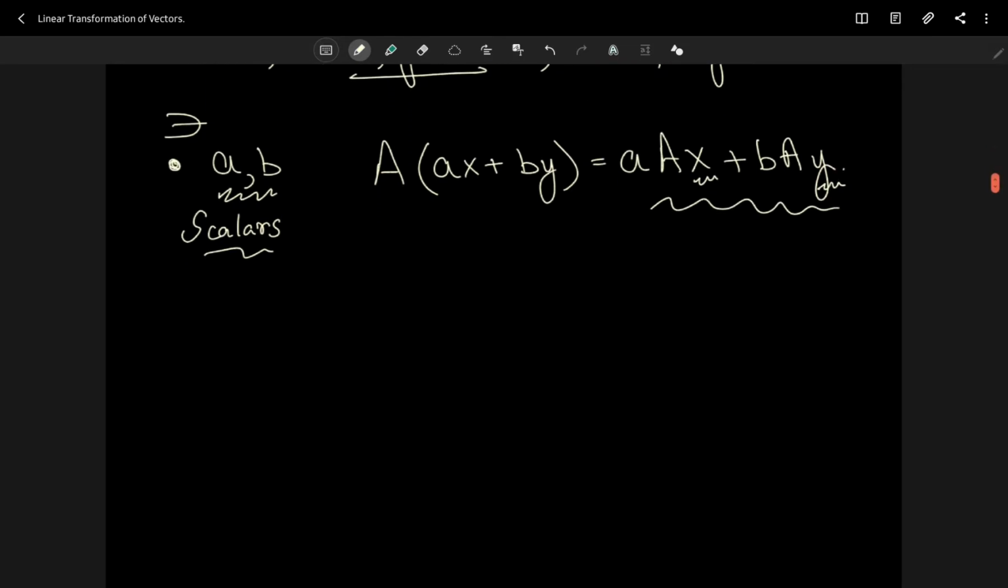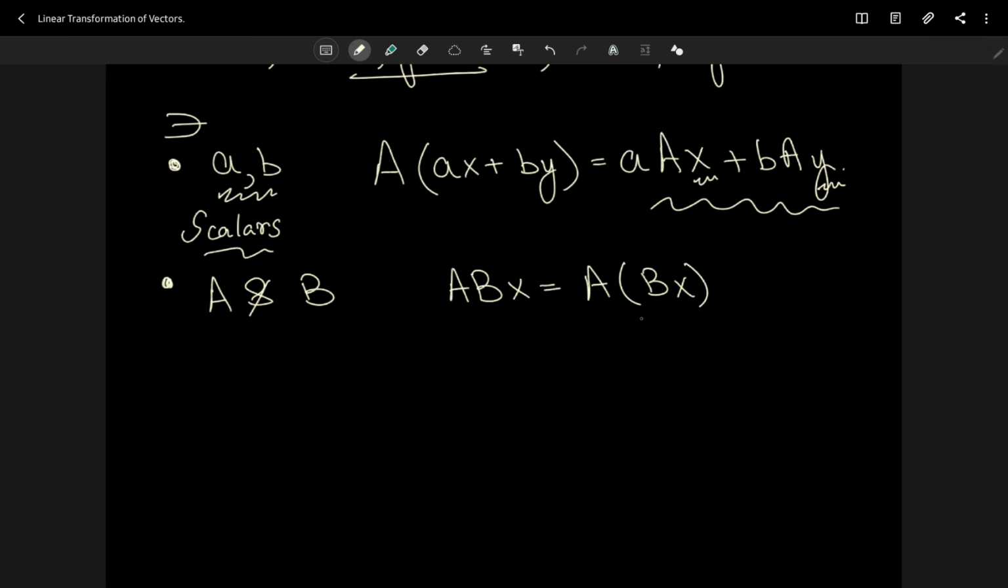Well, the other feature you could say is that the product of two transformations A and B is defined by ABx, which is equal to A times Bx, right?